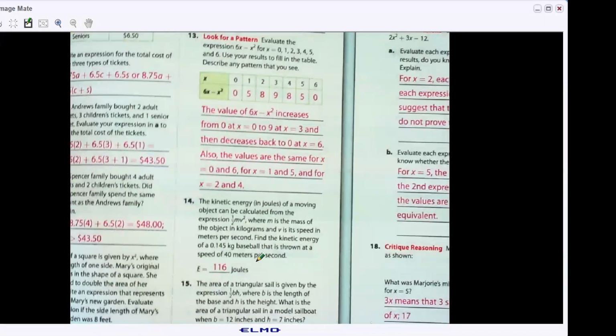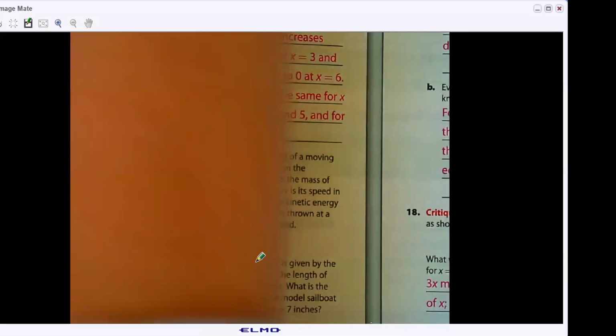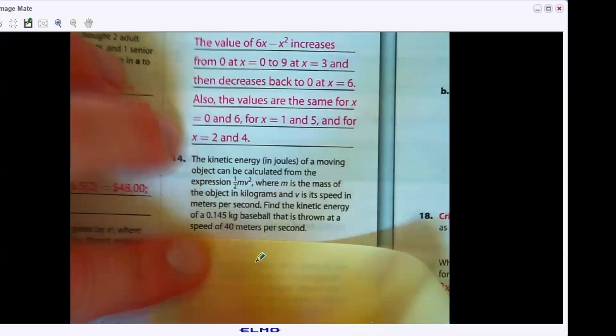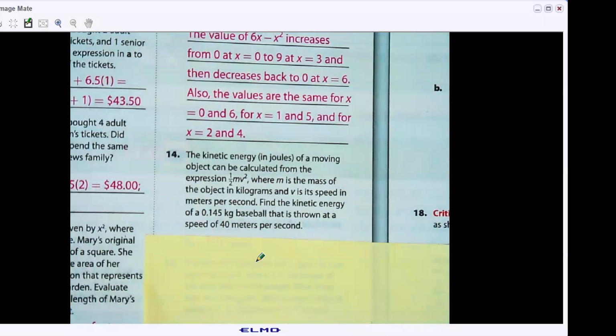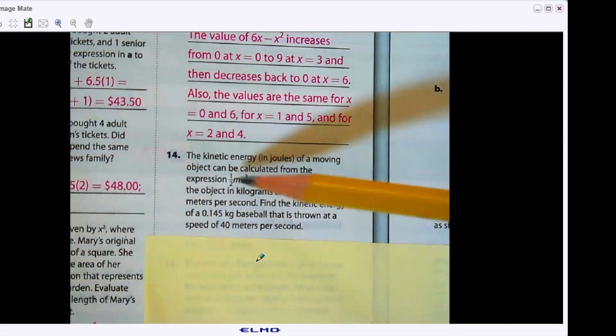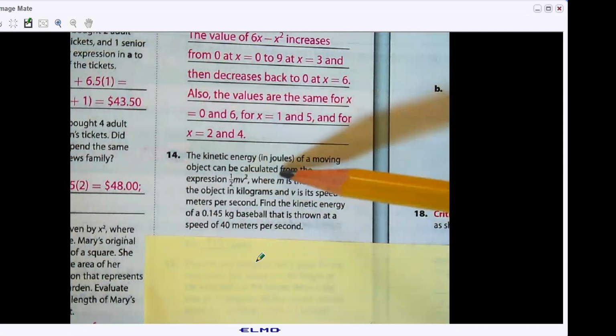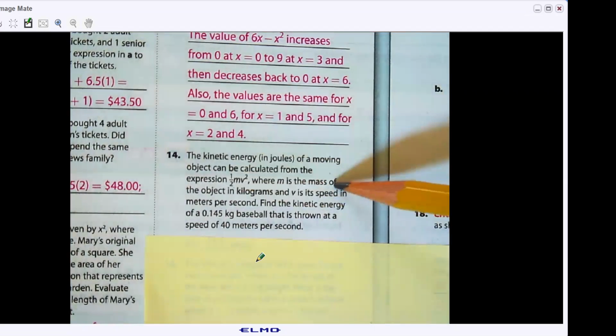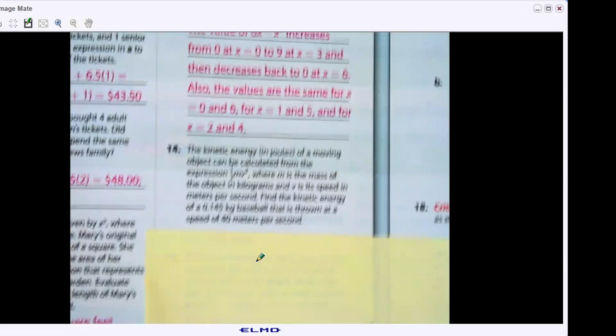I like number 14 because it's like a real life example of science. Now, joules is how we measure energy output. Did you know that? Okay, I know you could probably see that answer and that's okay. The kinetic energy in joules of a moving object can be calculated from the expression 1/2 mv squared, where m is the mass of the object in kilograms and v is the speed in meters per second.